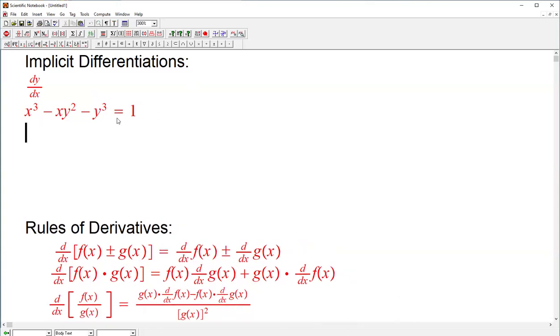In this case, it's pretty hard to solve for y explicitly, so we resort to implicit differentiation. In implicit differentiation, we assume, of course, x and y are related. So we assume y is a function of x.